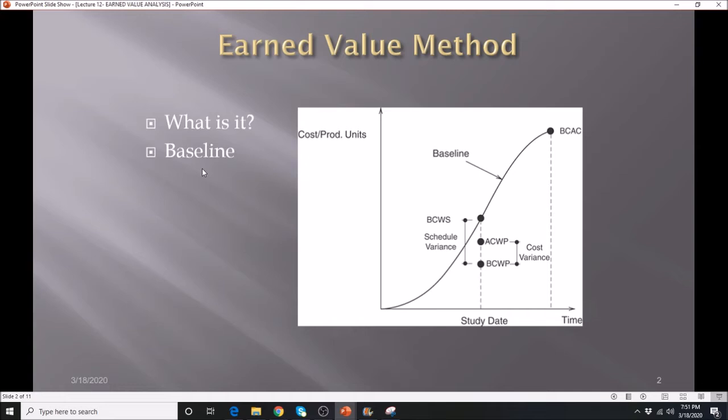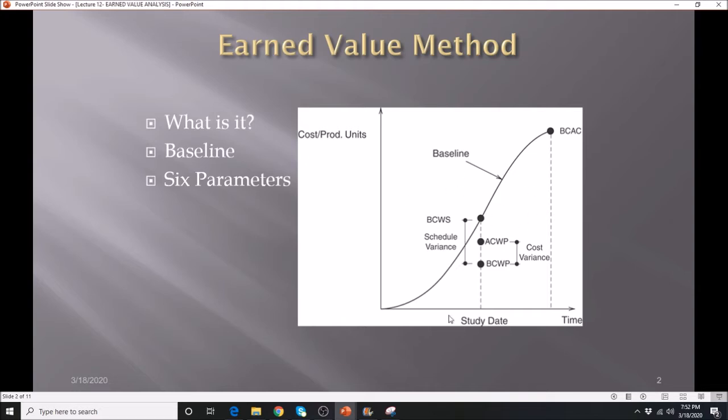So what is the baseline? As I explained in our lecture, the baseline corresponds to the reference. It provides a snapshot of the project as compared to where you are and where you are supposed to be, based on the preconceived schedule at the beginning. That is the baseline. Now we have 6 parameters that we will be looking at.